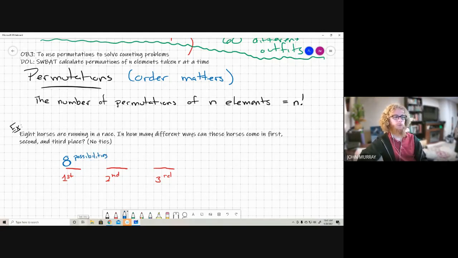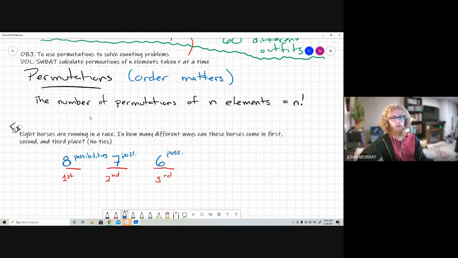One of the horses gets first place. Now how many can come in second place? If one already crossed the finish line, then for second place we're only going to have 7 possibilities, and that follows with what we did yesterday. For third place, if 2 have already crossed the finish line, then there are 6 horses left.